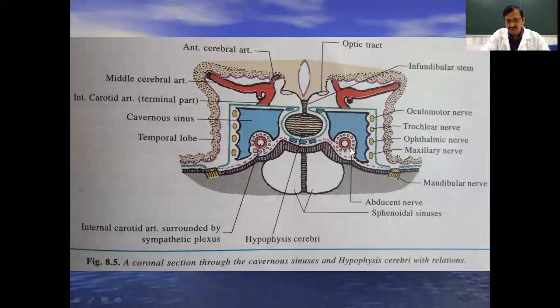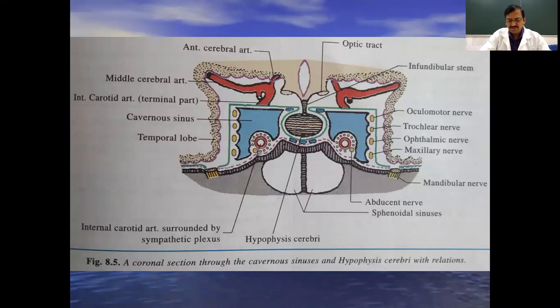Among the extraocular muscles, the lateral rectus is supplied by the abducens nerve. Whenever there is compression or damage to the abducens nerve at the level of the cavernous sinus, it leads to paralysis of the lateral rectus muscle, and deviation of the eyeball towards the medial side, and it produces squint or double vision. That is another important clinical relation.